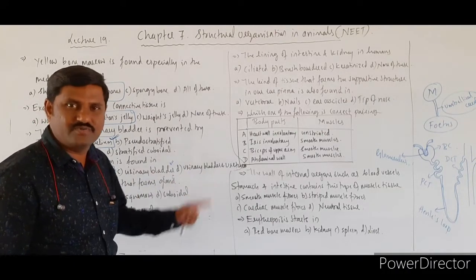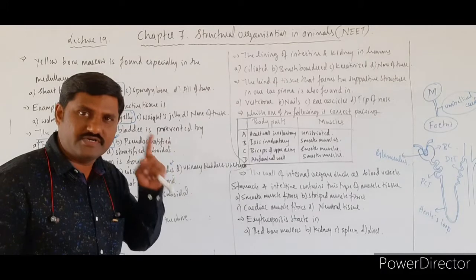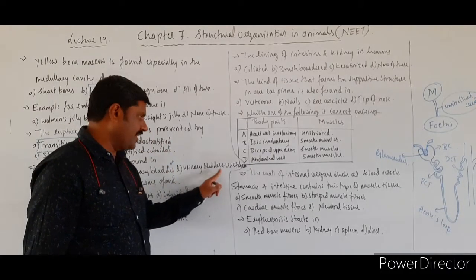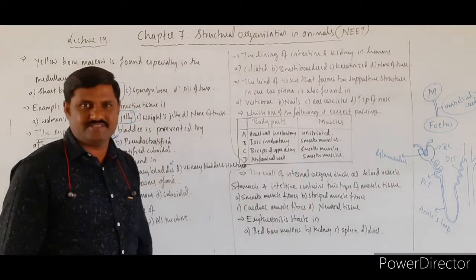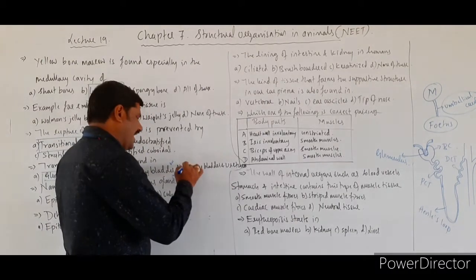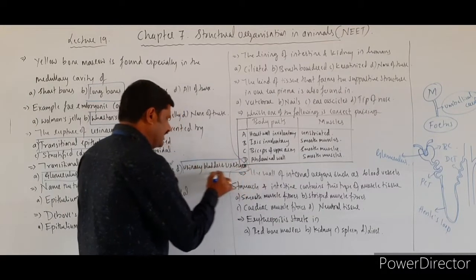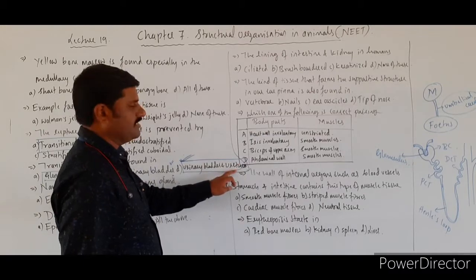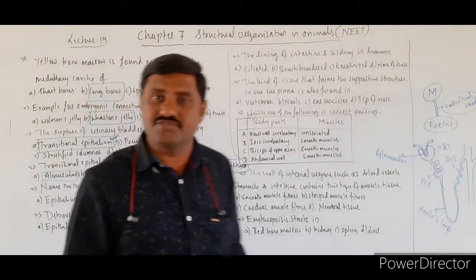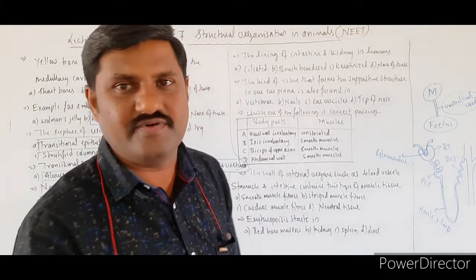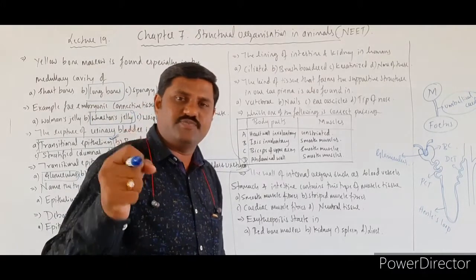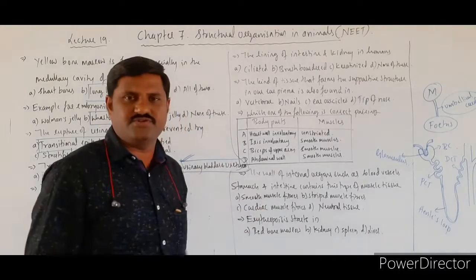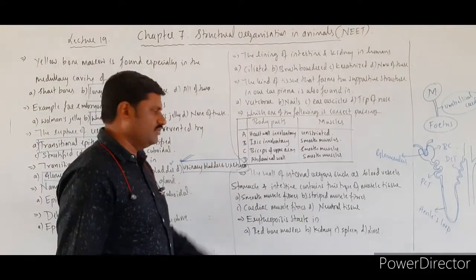So he gives one more option. That's why it is needed to read every option here. What is that? Urinary bladder as well as urethra, he says, and that is the exact answer for this question. Why? Because in the urethra also, transitional epithelium is present. It is responsible for the contraction and relaxation of these structures, the urinary bladder as well as the urethra.